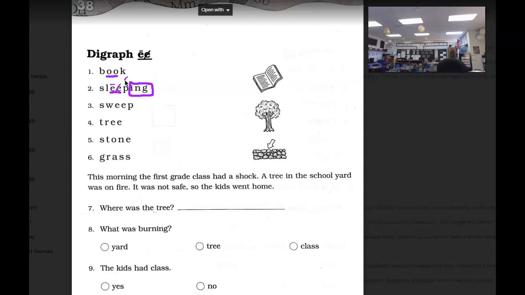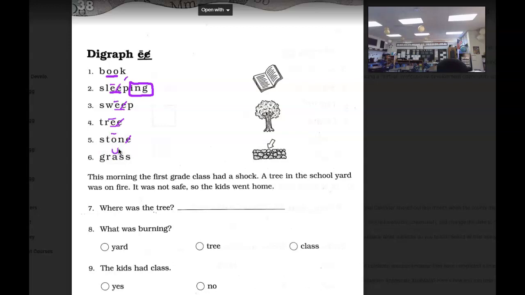Next word, sweep. I'm going to underline the digraph, macron, cross out, because we only hear one E. Do the same thing for the next one. We have tree. We only hear one E. Stone has a long O sound, and we do not hear the E. Last one, grass.